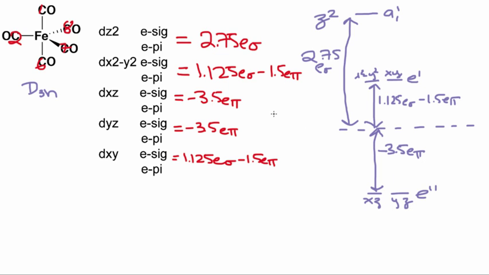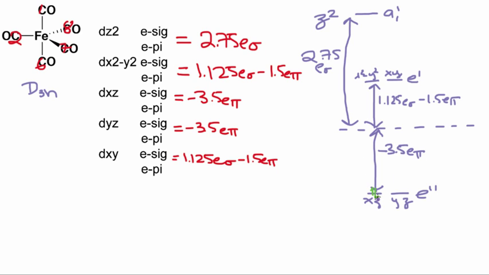And so the next step in this case right here would be to start filling in the MO diagram with the number of electrons. And so we can do that by looking at the metal that we have. So we can see that we have iron. Iron on its own, iron 0, is d8. The oxidation state is iron 0. And so that means we're going to have 8 electrons.